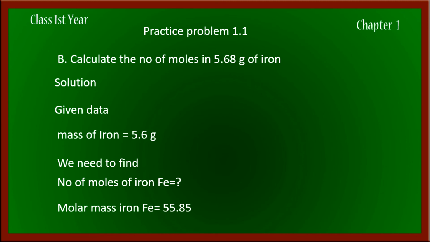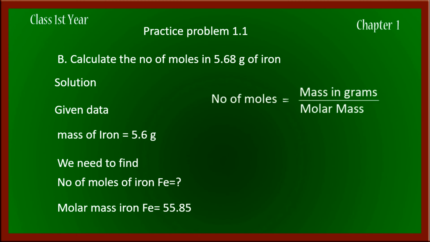In order to find the number of moles of iron, we first need the molar mass of iron, which is the mass number of iron, 55.85. Now the formula that we will be using has already been discussed with you, and that is number of moles equals mass in gram, which is given to us as 5.6, divided by molar mass.